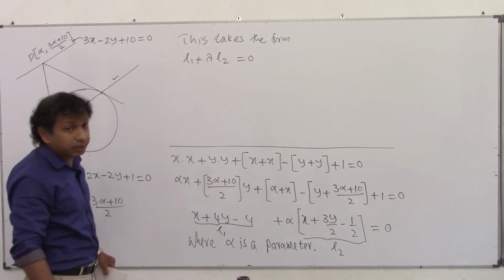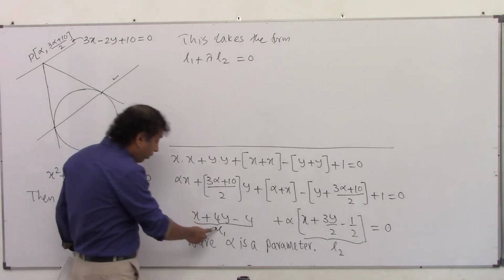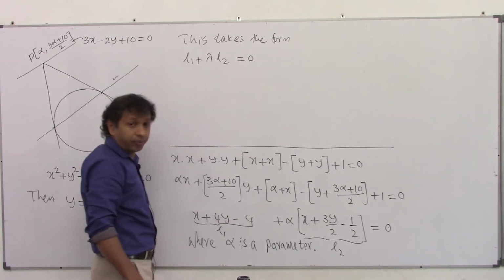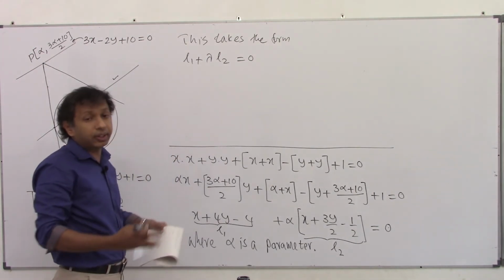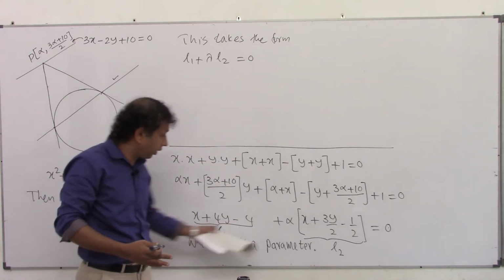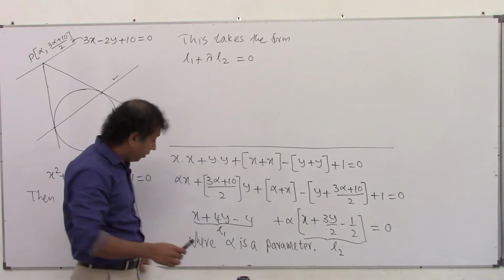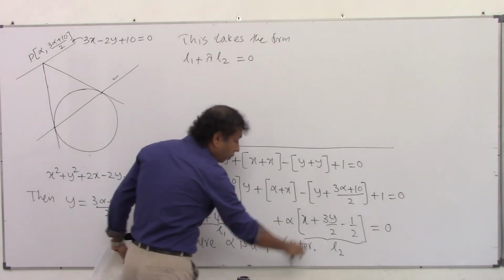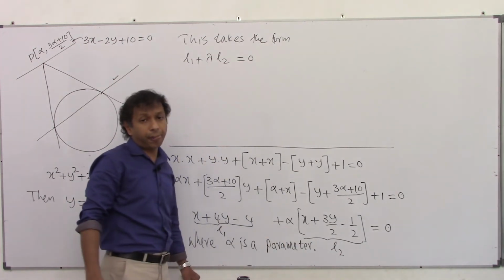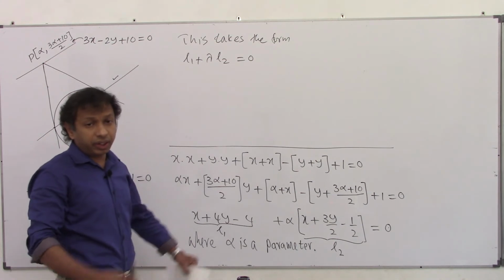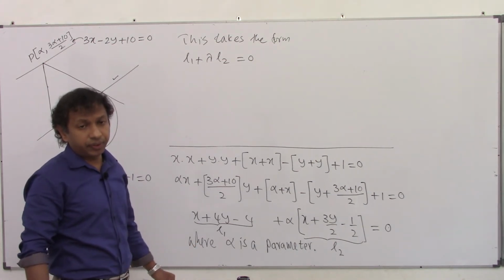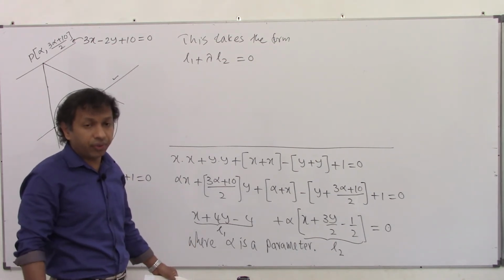Therefore, in order to say that this equation gives any straight line passing through the intersection of this line and this line, you have to see very clearly that the L1 line and L2 line are not parallel. If they are parallel, they never intersect each other, and then the statement is wrong.